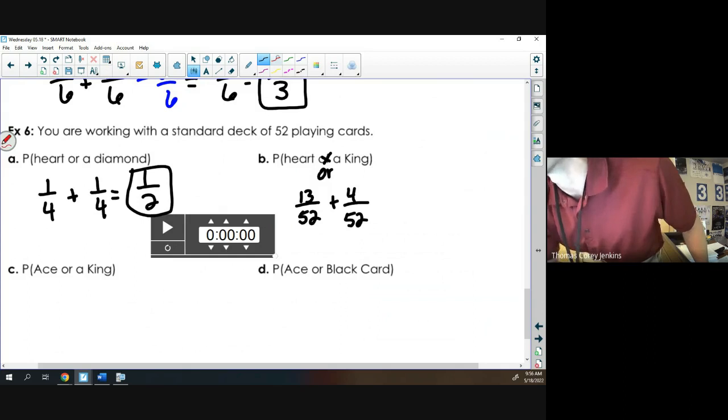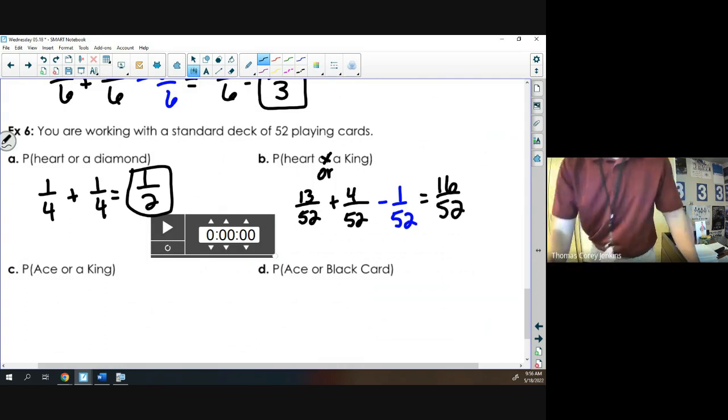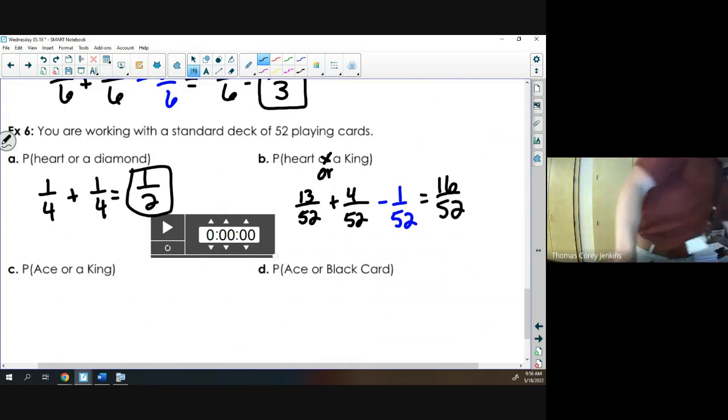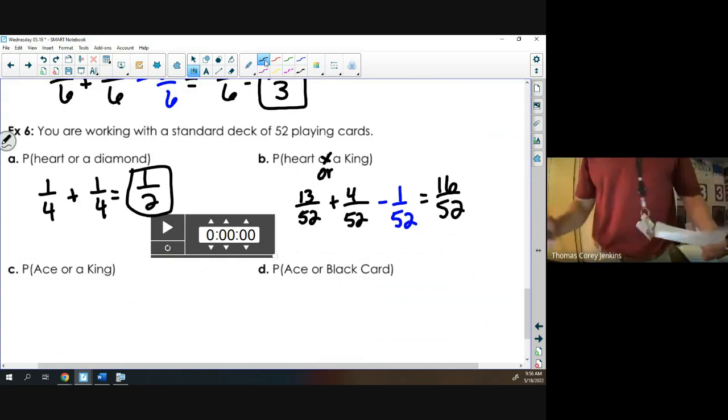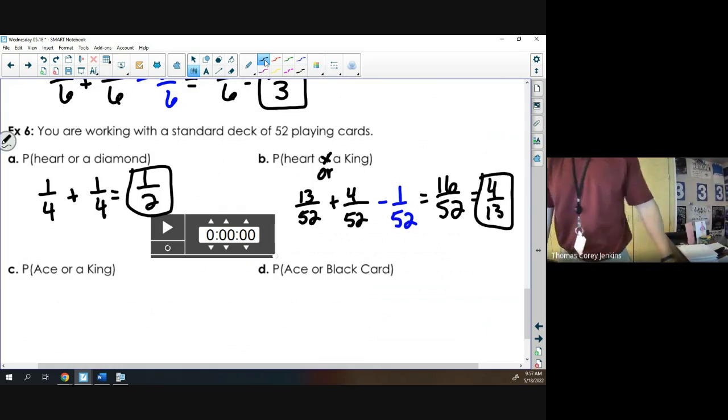And then we want to take the repeat out, which is the 1 king of hearts, so 1 out of the 52. So 17 minus 1 would give me 16 out of 52. Then reduce from there, which is, my notes over there, 4 out of 13. So that one we had a repeat.